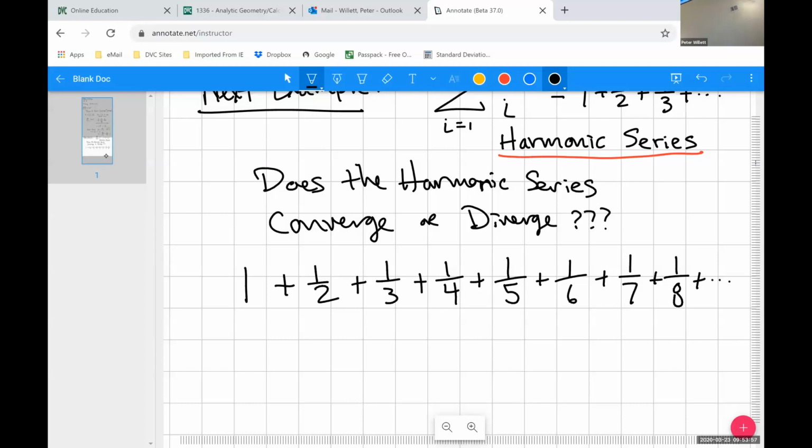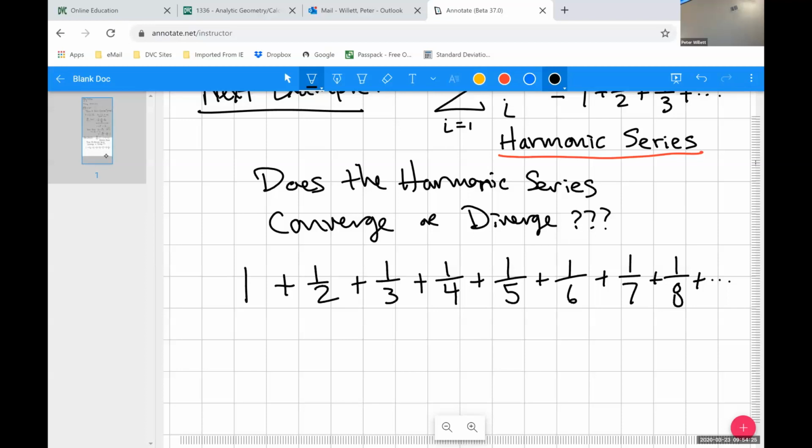As we've discussed in the past, for example with area problems and improper integrals, where we're taking the area under the curve as it goes off to infinity, if you're adding smaller and smaller numbers onto a total, it's possible that you settle in on a value. And we are doing that. We can see here we are adding smaller and smaller numbers, but the question is, does that settle into a value or not?